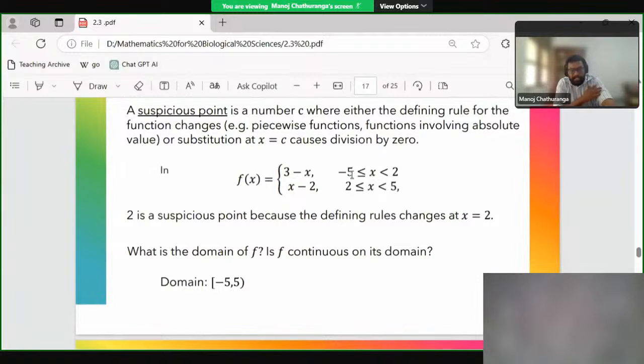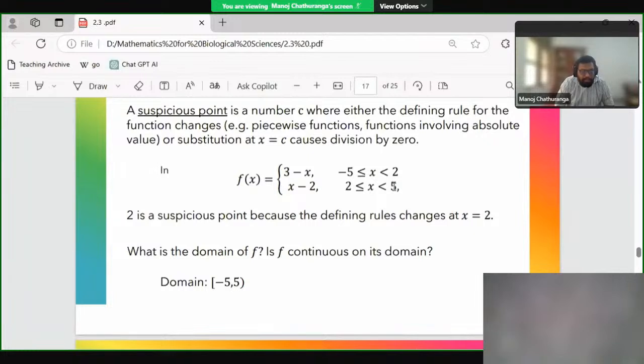That includes -5 but not 2. Then from 2 to 5, the defining rule is x minus 2. The second definition includes 2, but not 5.